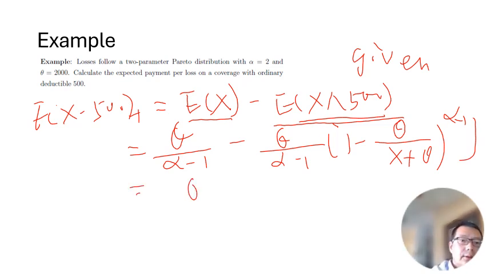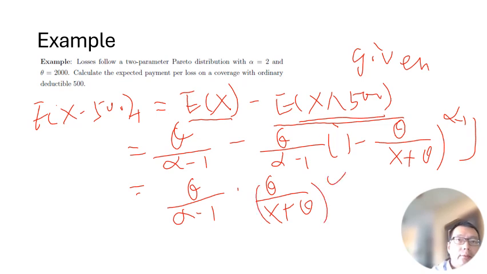Basically, it will become theta over alpha minus 1 times theta over x plus theta to the power alpha minus 1.